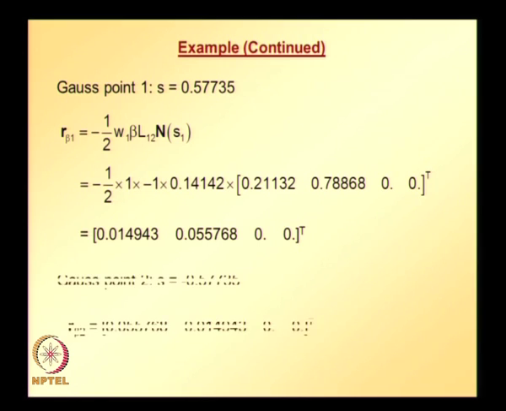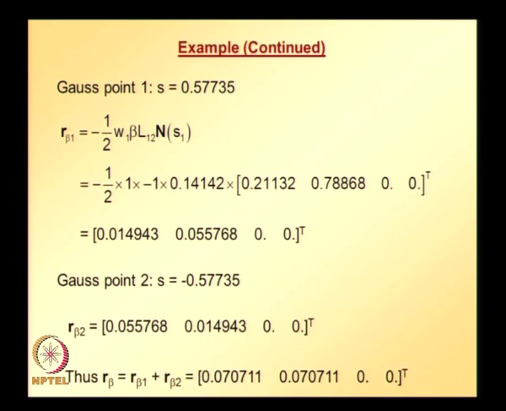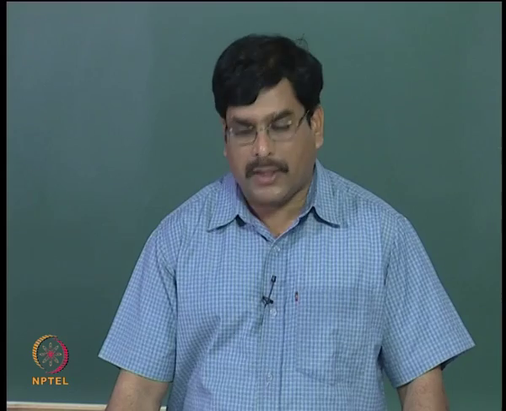We repeat a similar operation at the second integration point, and we get the contribution from the second integration point to the integral r beta, and finally when we sum we get the r beta vector. So, this is how we can evaluate boundary integrals, whether it is k alpha or r beta.